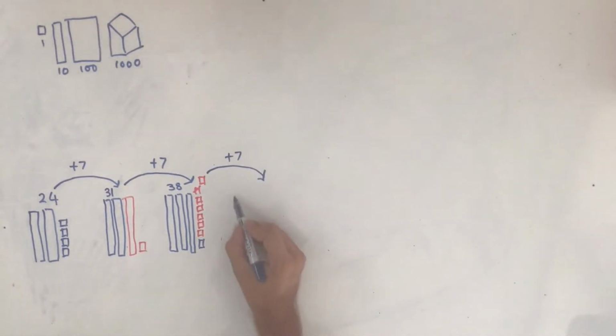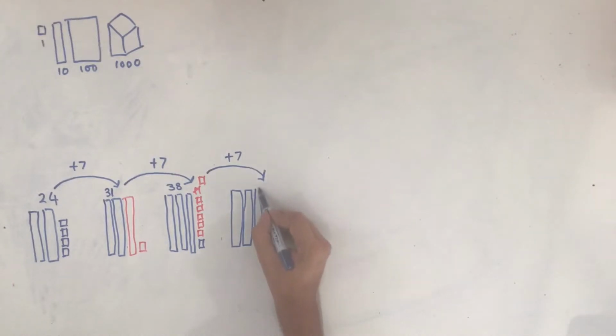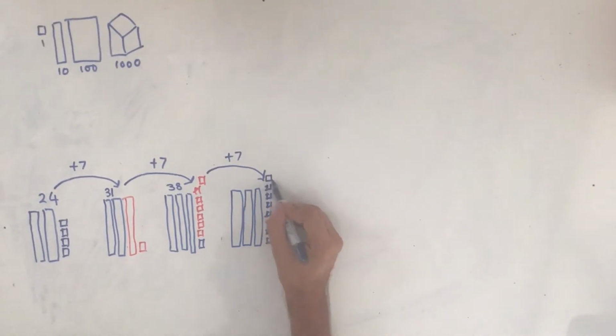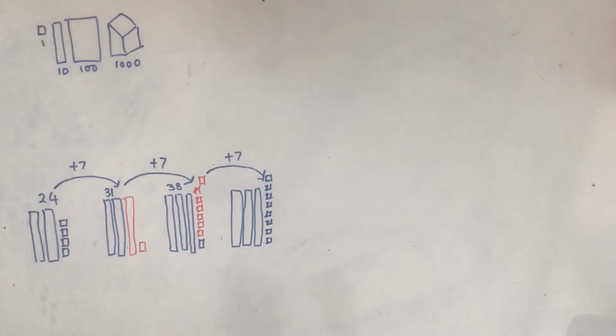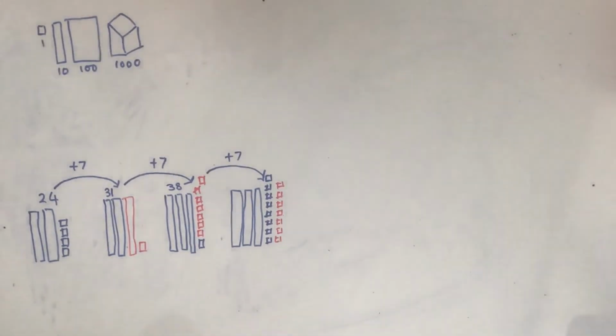My start point is 38 this time. 10, 20, 30, 31, 32, 33, 34, 35, 36, 37, 38. Let's add my 7. 1, 2, 3, 4, 5, 6, 7. And I've definitely got over 10 there.